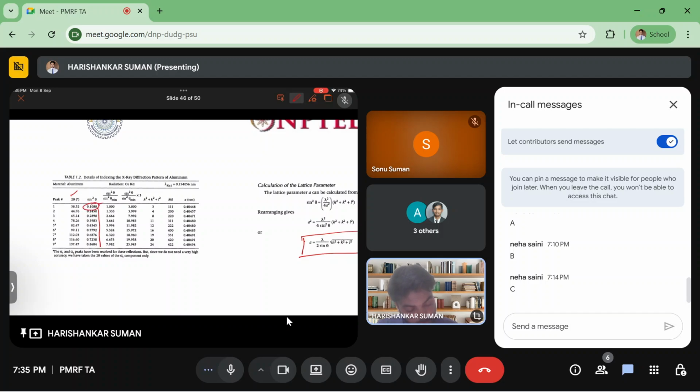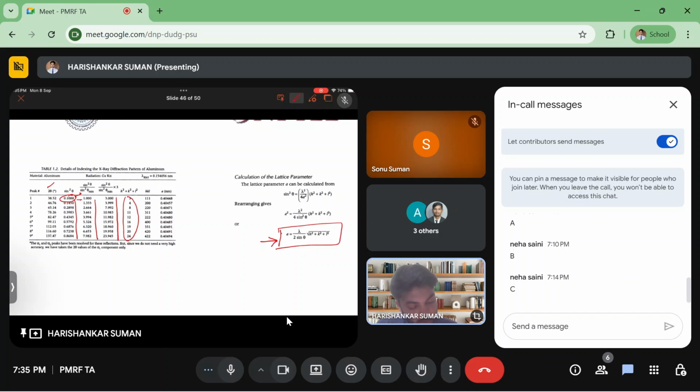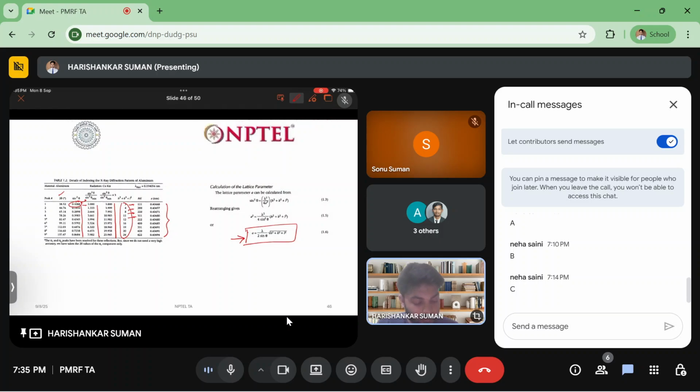This is the minimum, so when we divide we get 1 corresponding to this value, and you multiply so that we get the nearest integers like 3, 4, 8, 10, 11, which is according to this equation: h square plus k square plus l square is proportional to sin square theta. So we can identify this plane and that plane, and this is the calculated lattice parameter. You can use this method also to identify the plane structure.